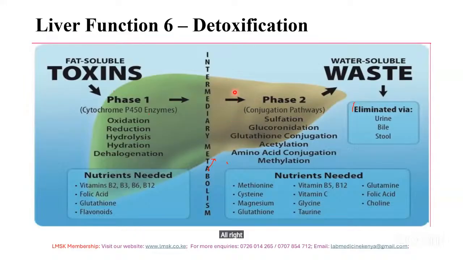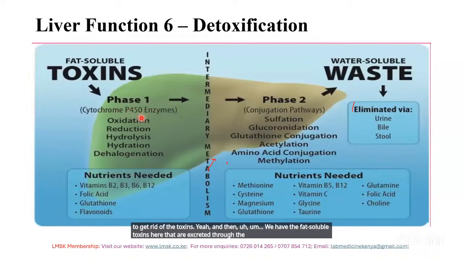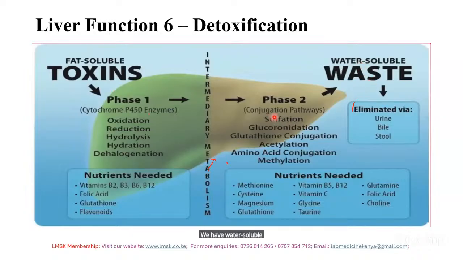All right, and then the liver also works to detoxify the body, to get rid of the toxins. We have the fat-soluble toxins here that are excreted with the help of cytochrome P450 enzymes. We have water-soluble wastes here that are excreted through these conjugation pathways. So phase one involves oxidation, reduction, hydrolysis, hydration, and dehalogenation, or removal of halogens.